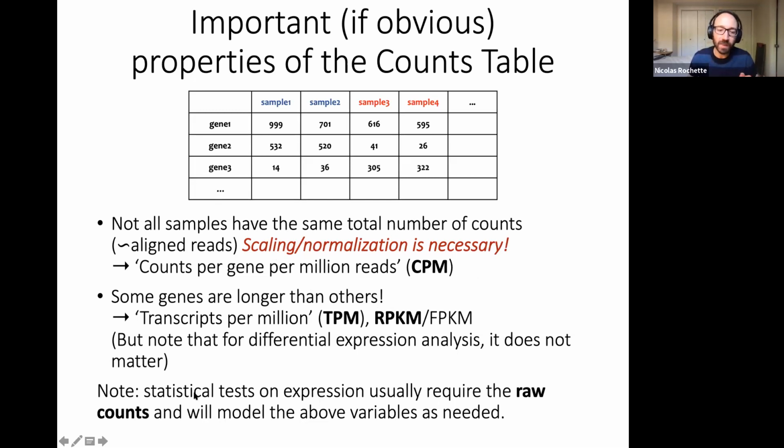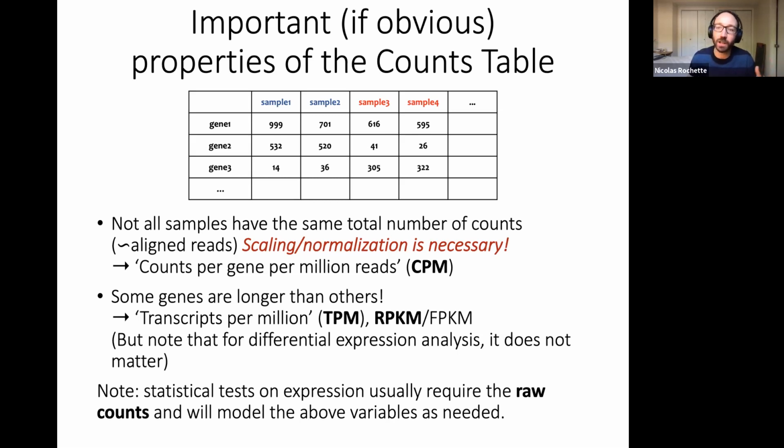One thing I can mention, though, is that these methods usually require not the scaled reads. They do some scaling internally, but usually they require the raw reads due to variances that are dependent on the actual expression of the gene.